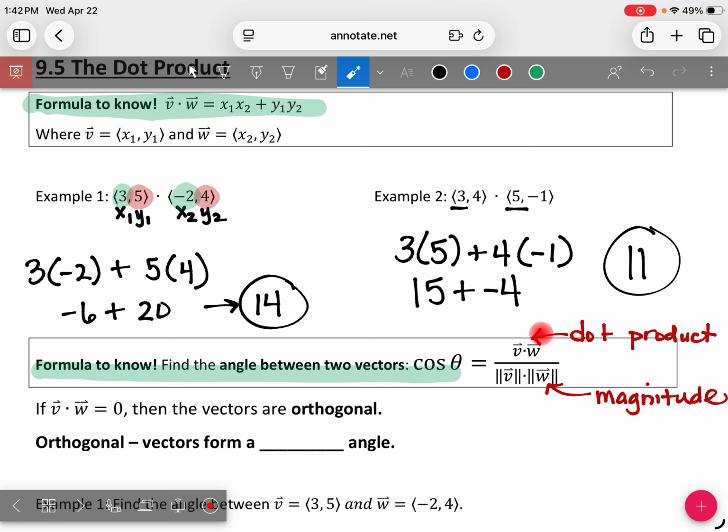So first we have to find the dot product. Remember, the double absolute value, that means magnitude. If you ever get a dot product of 0, then that means the vectors are orthogonal, which is a very fancy word. But all it means is that it forms a 90-degree angle.